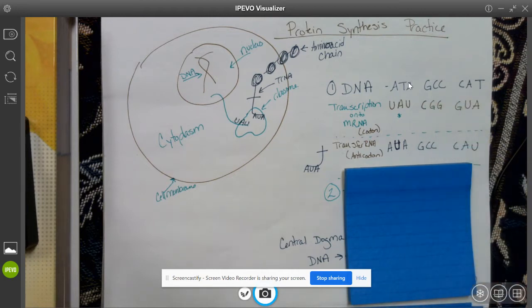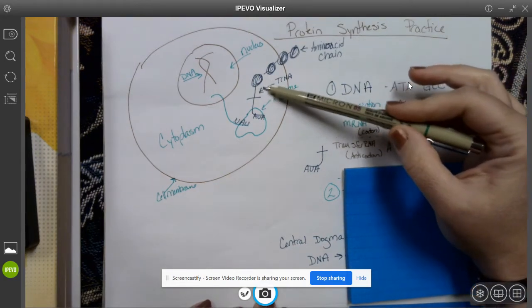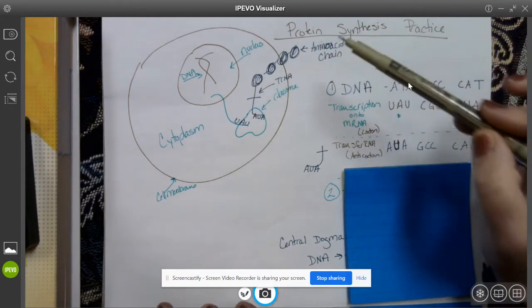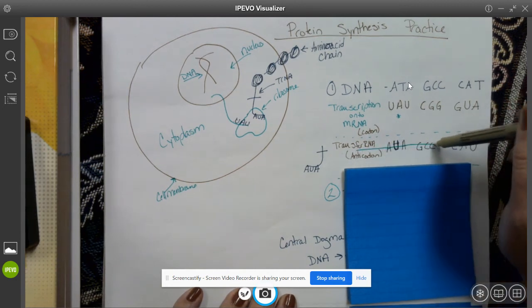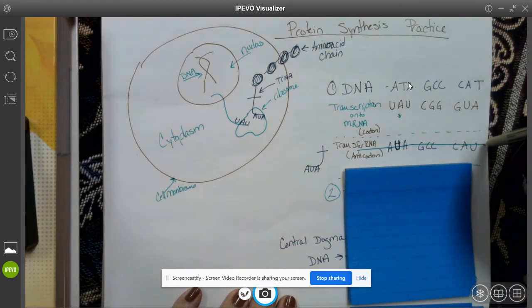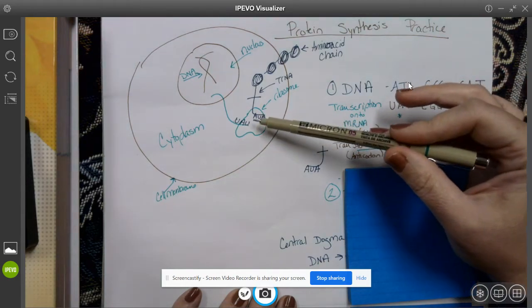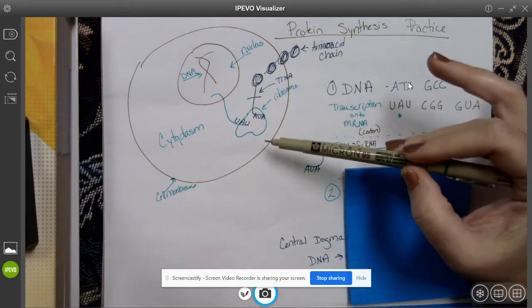Here's the most important thing you guys need to do right now. Before we take our next step, before we figure out which specific amino acid our transfer RNA is bringing with it, we need to cross this off and forget about it. The anticodon is important in getting the amino acid here, but it's not important for our next step.